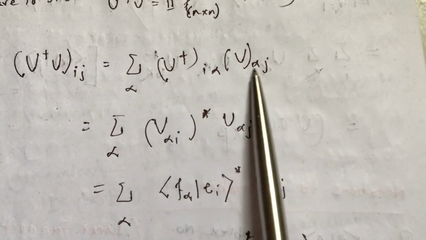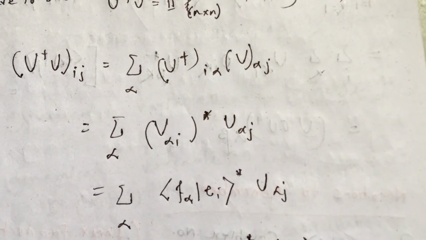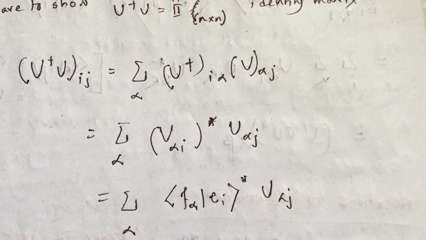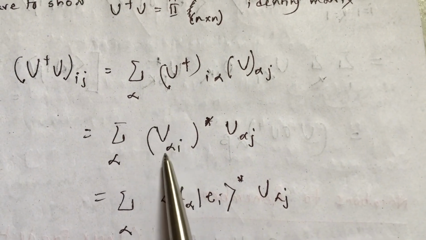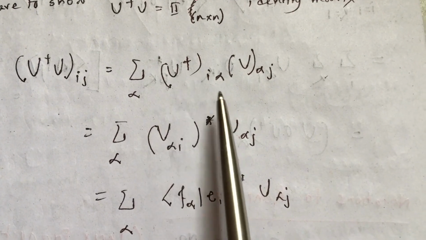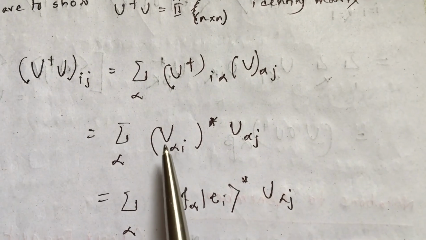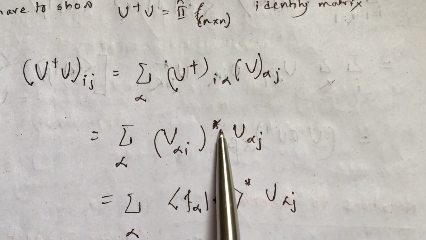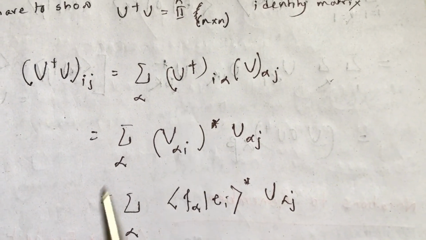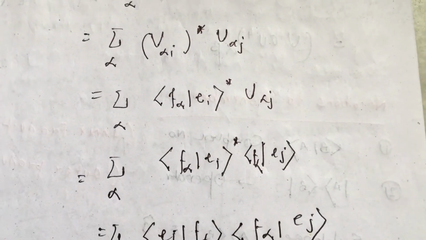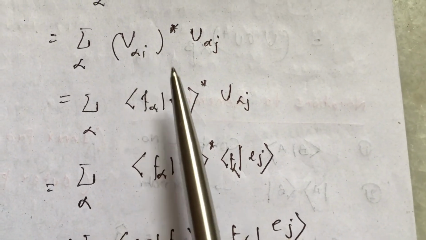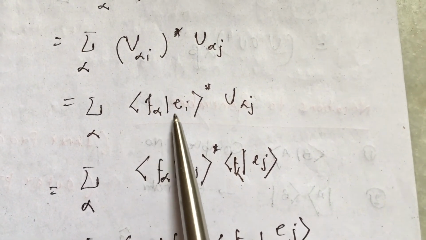So we can write it like this, where alpha goes from 1 to n, and in place of U dagger i alpha, I can write U alpha i complex conjugate. These two things are similar. And U alpha i is nothing but f_alpha e_i.